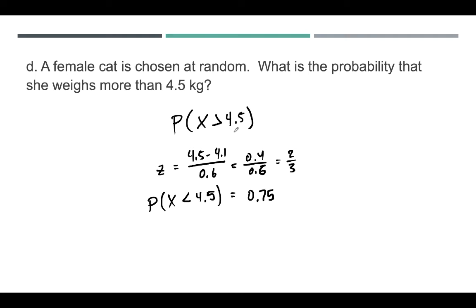And what we're looking for is the opposite. So all we have to do is subtract from 1. So this is going to be 1 minus 0.75. All right, there's our answer. 25% of female cats will weigh more than 4.5 kilograms. Okay, let's move on to some more difficult problems.